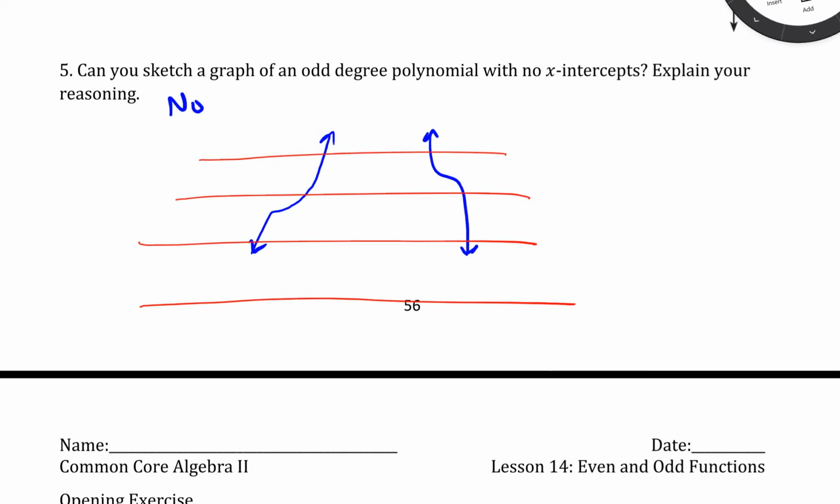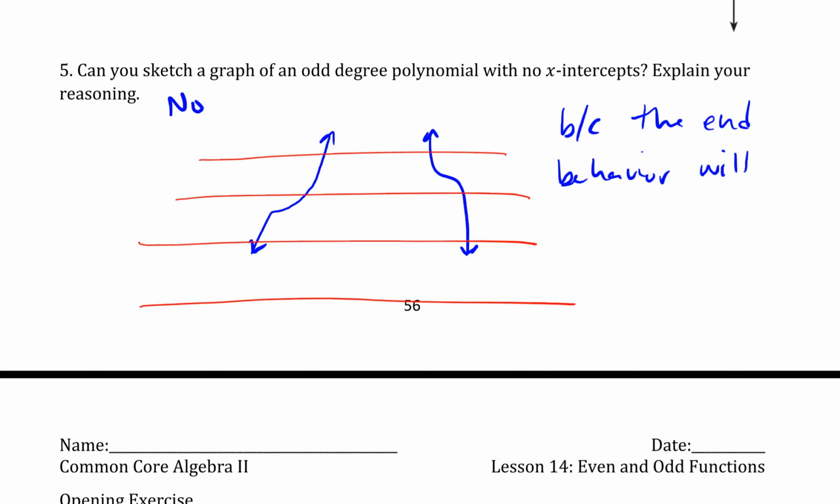Really the reason why is because the end behaviors will always go in opposite directions, creating this continuous function that goes through the x-axis at some point at least once.